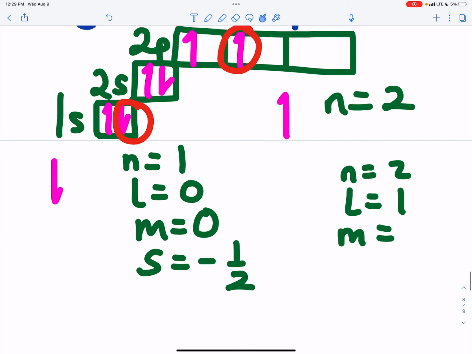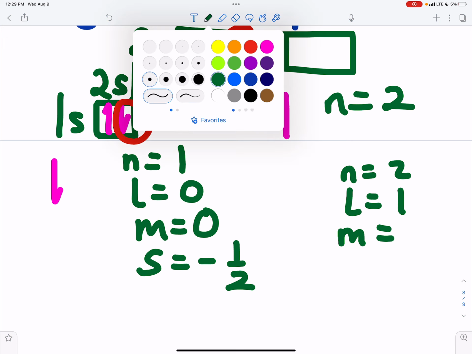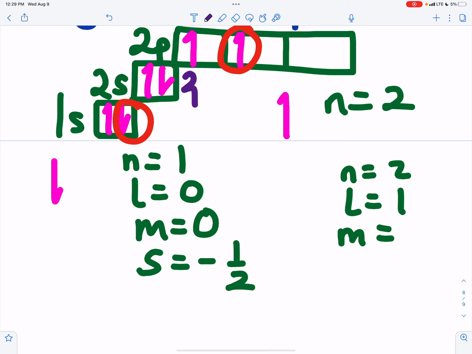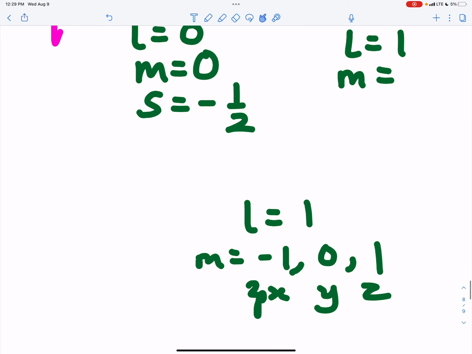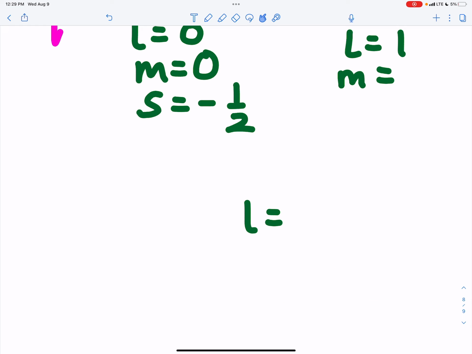My electron is located in the middle, so it's located in the 2py orbital. That means the value of M for my electron, because it's in the middle orbital, is 0.